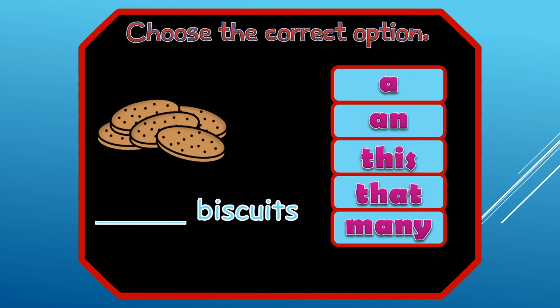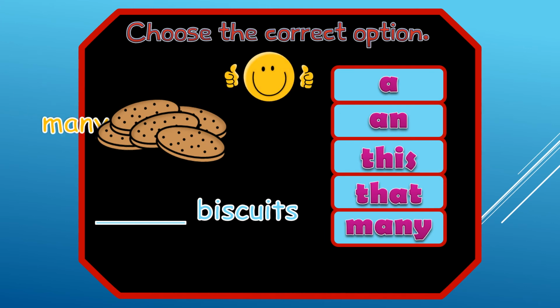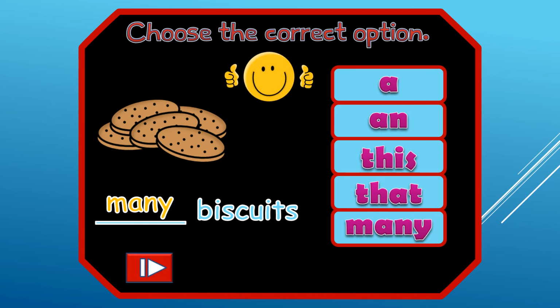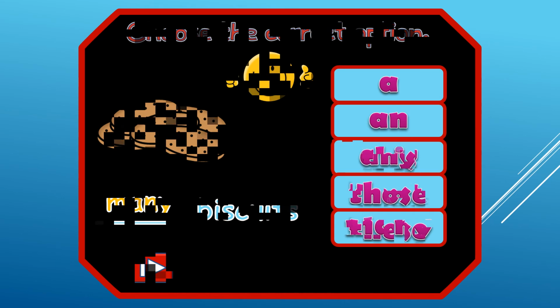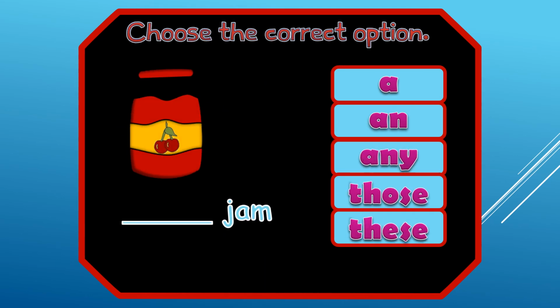What about biscuits? Biscuits: and biscuits, this biscuits, that biscuits, or many biscuits. Of course, we use many biscuits. Jam. Can we say a jam, and jam, any jam, those jam, or these jam? Of course, any jam.